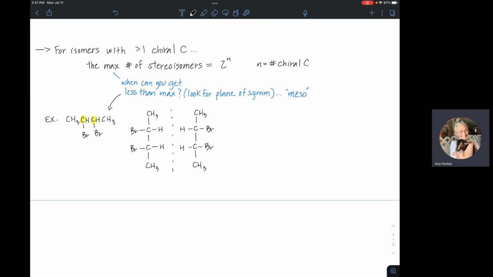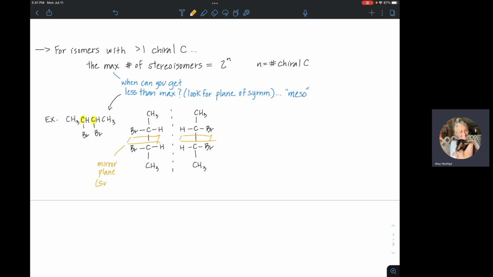So here's the thing though. Notice in this molecule how there is a mirror plane here or here. If this thing looks down at itself, it sees the same thing on the top as it does on the bottom, right? So this is going to be a mirror plane of symmetry.